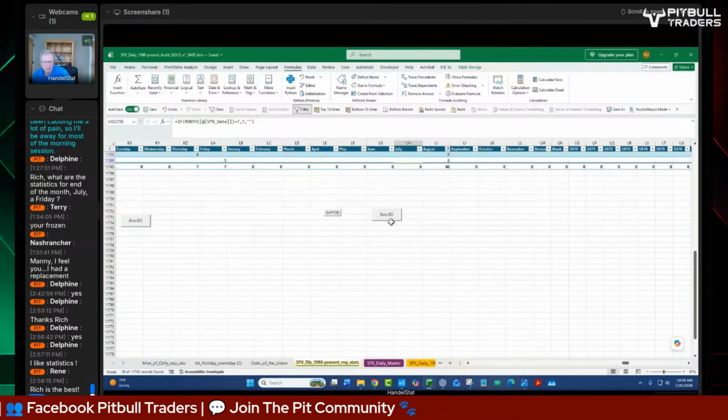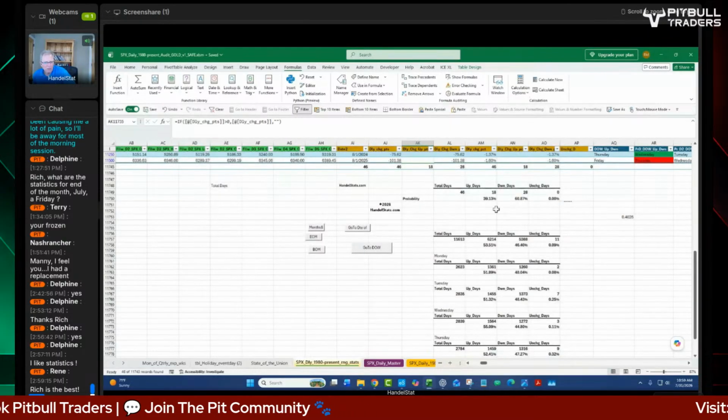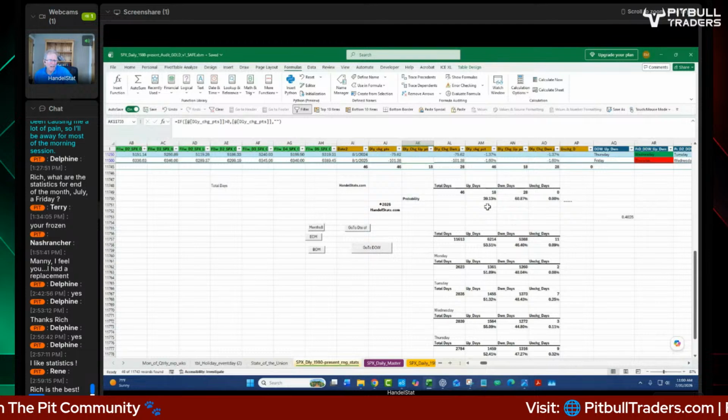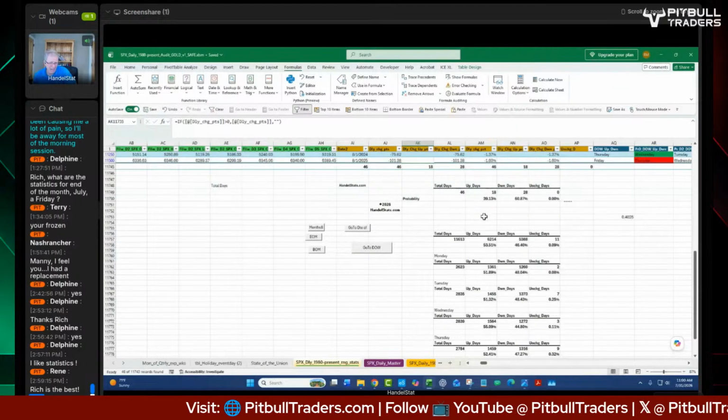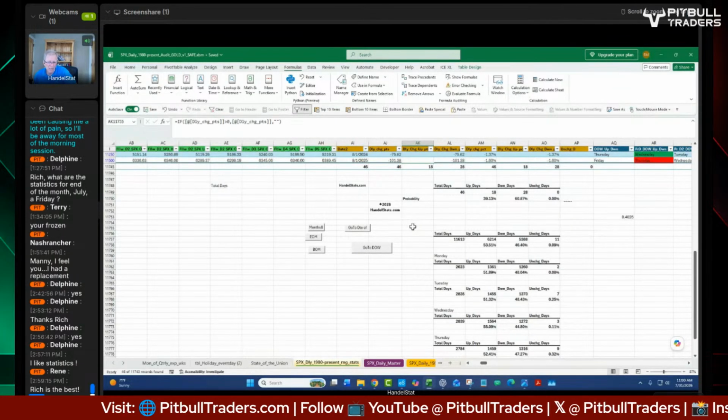There we go, 46. Go daily change. So the first trade day of August, right now, it's been down 60% of the time. That's kind of bad.